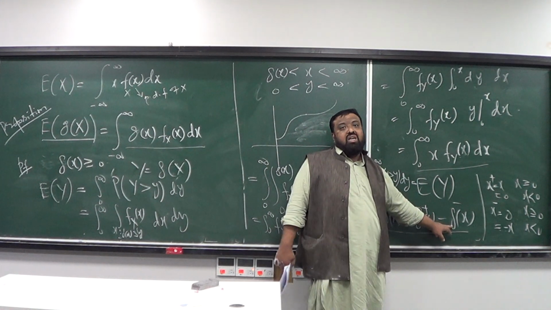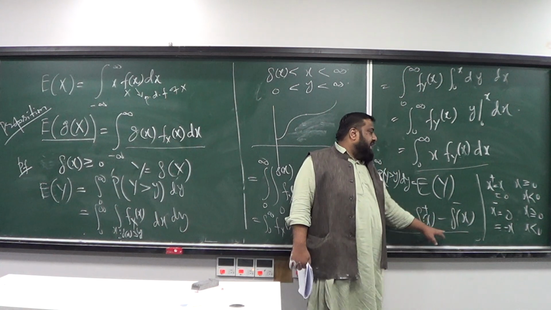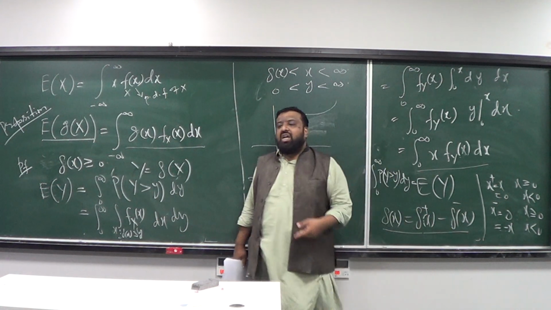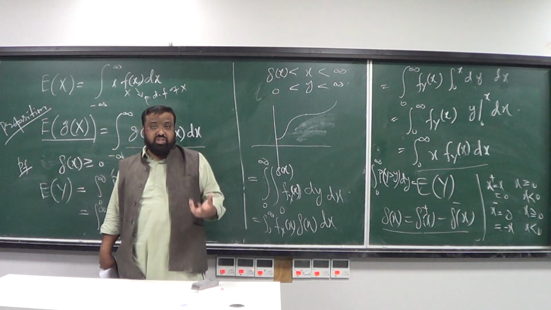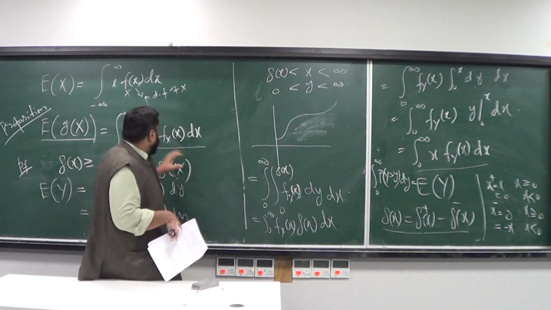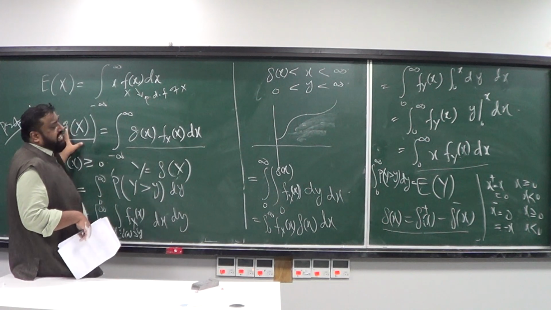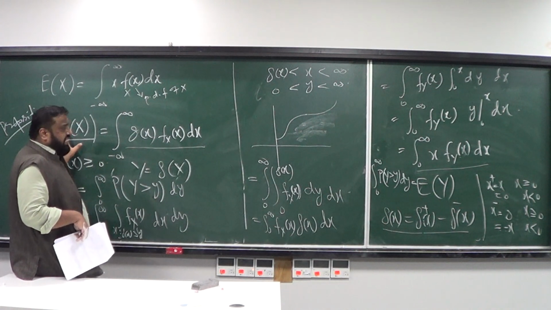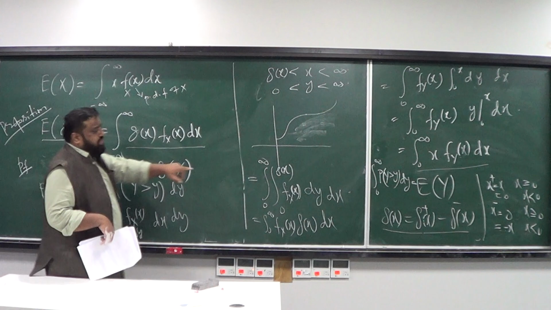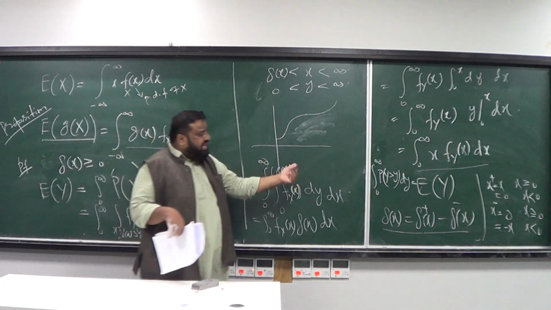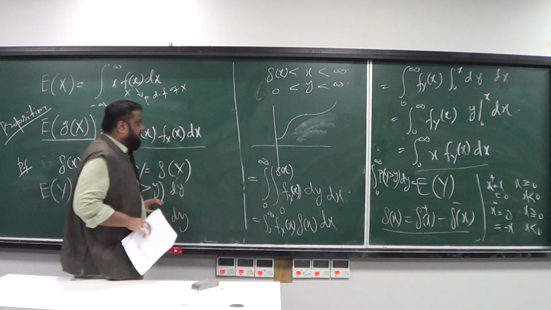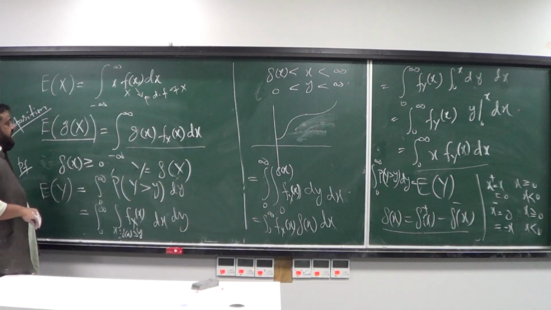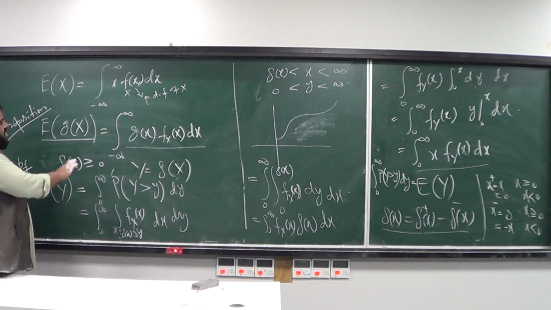And both the positive part and negative part are non-negative functions, and for non-negative functions this identity is valid. So if this identity is valid for g plus and g minus, you can easily argue that it's also valid for g of x. Okay, so do it for yourself. Anyway.